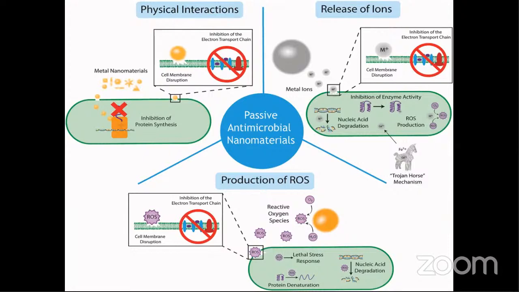There is a phenomenon called dissolution. The dissolution of metals is kind of a self destruction. When the metal or metal oxides interact with the cells or the pathogens, they release ions. These ions are taken up by the cells.